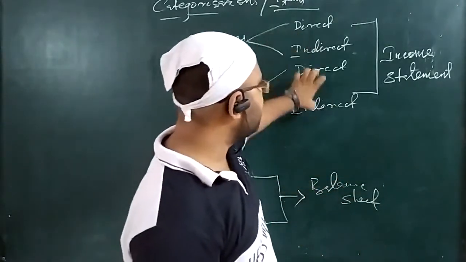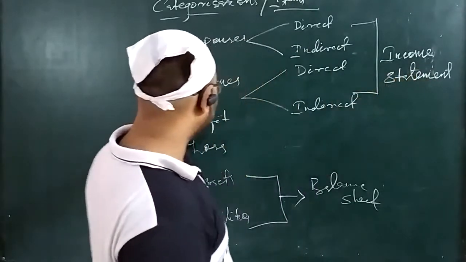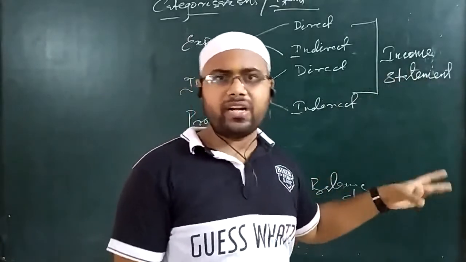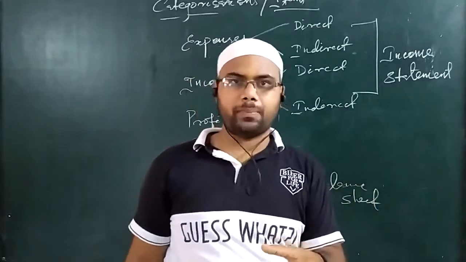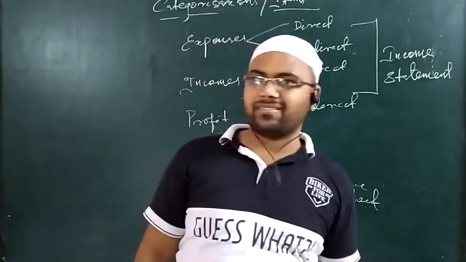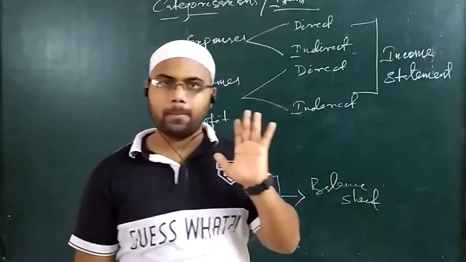So these 4 items are needed for preparing the income statement. And you know, profit and loss categorization is not needed here. What you get as gross profit and net profit is called revenue profit. When you sell some assets and get profit, that is called capital profit. In my video on receipts and payments, I have already explained it with better examples. So if you have any doubt regarding that, you can watch that video again.